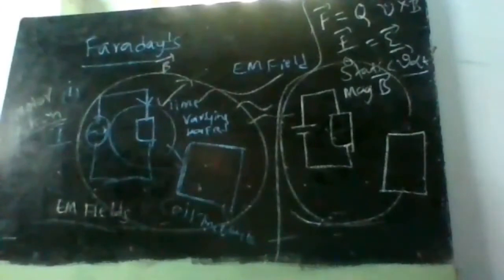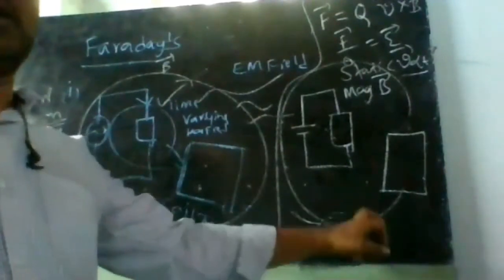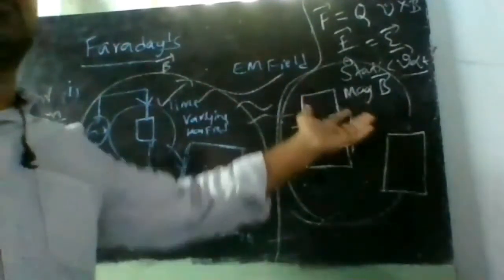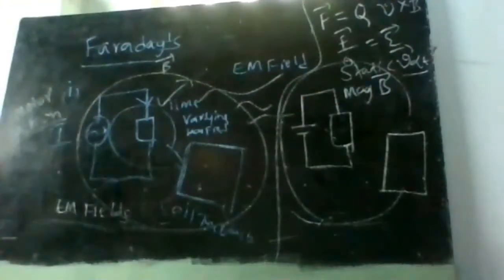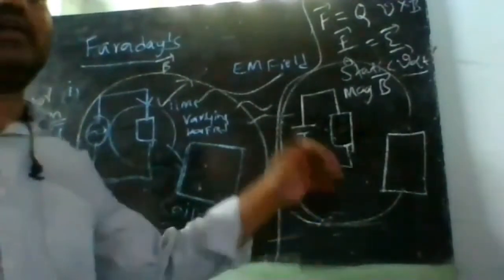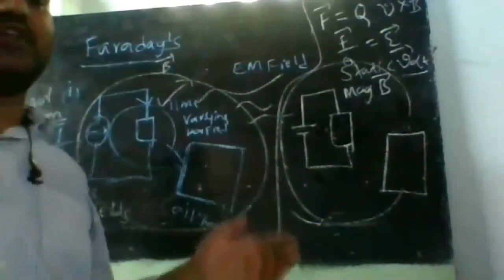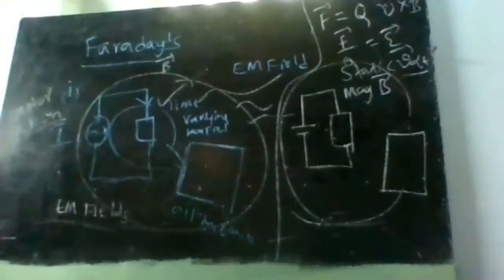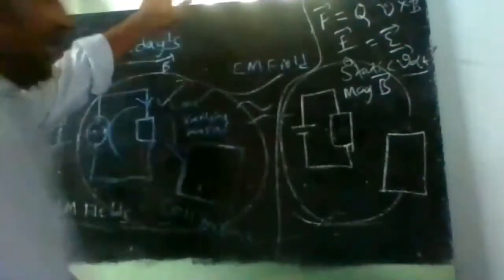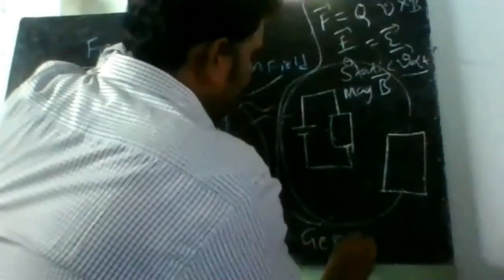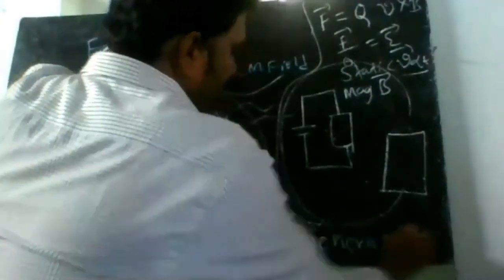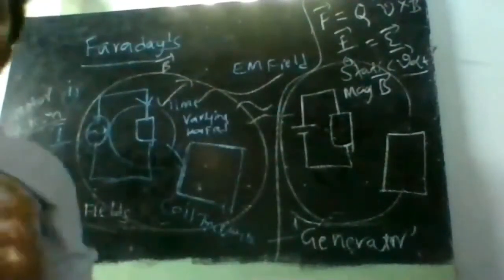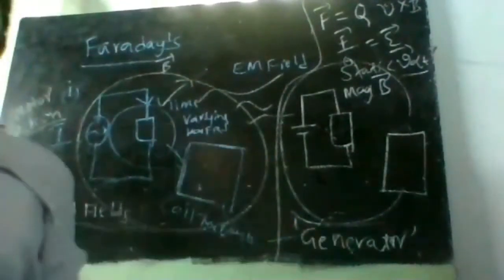This force will be electrical in nature, and that will cause electromagnetic waves or EM fields, which are time varying in nature, to be generated. This way of producing electromagnetic waves is called the generator method, or generator action. As I told you, the current generators, everything, use this concept.